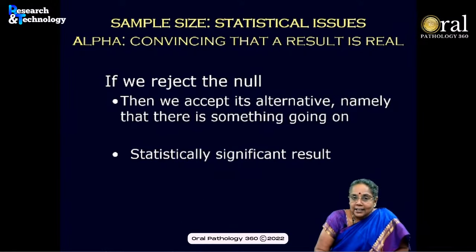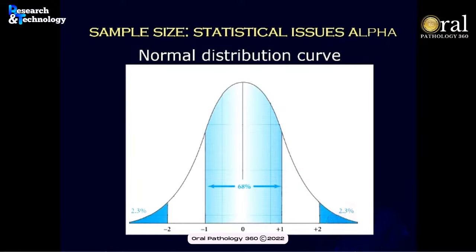If we reject the null, naturally we have to accept its alternative hypothesis, namely that there is something going on in the population. Now, where did we get this 5% from? It is from the normal distribution curve. For biological continuous variables, you can find that most of the normal values are within 2 standard deviations, but there are outliers of about 5%.